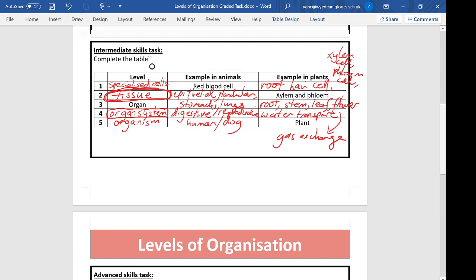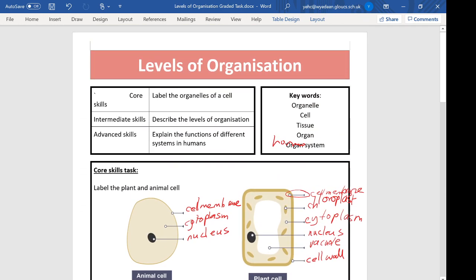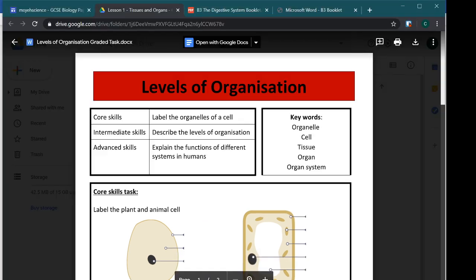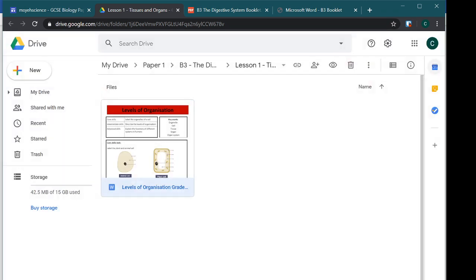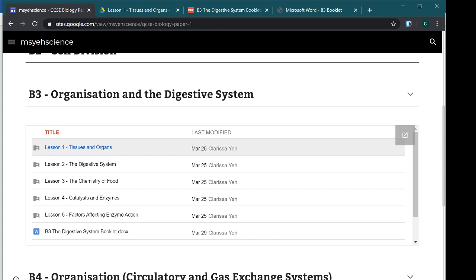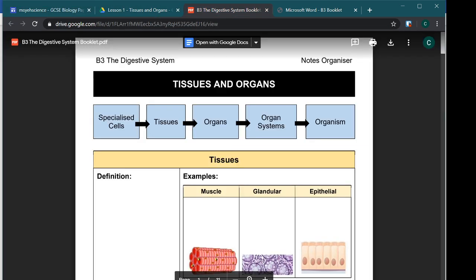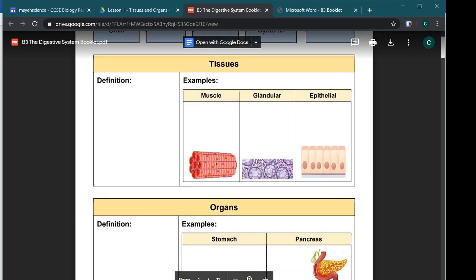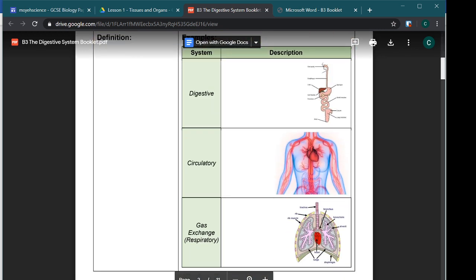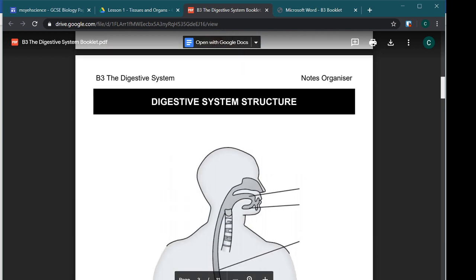Okay, so next lesson, which is going to be in a week's time, one thing you can do in preparation is, since I already have all the resources on the website, and you have the notes organizer to help you know what you are required to learn.